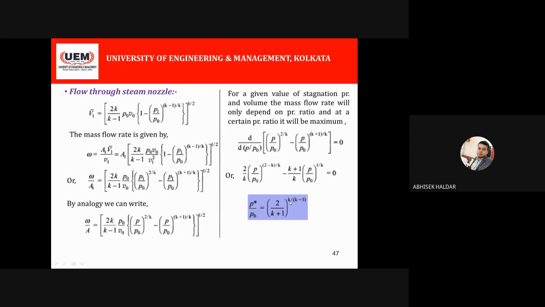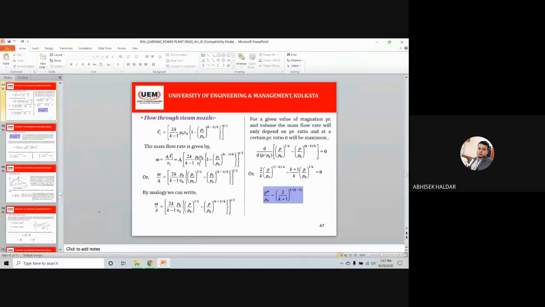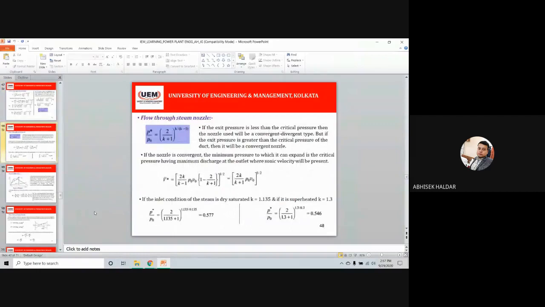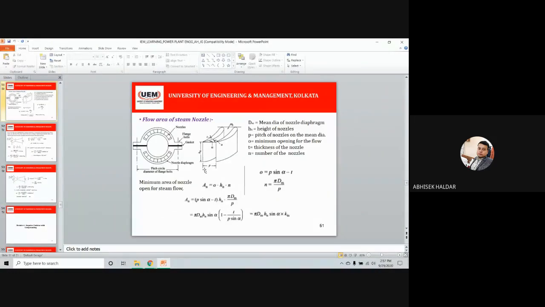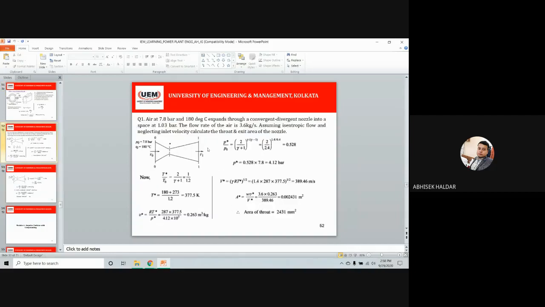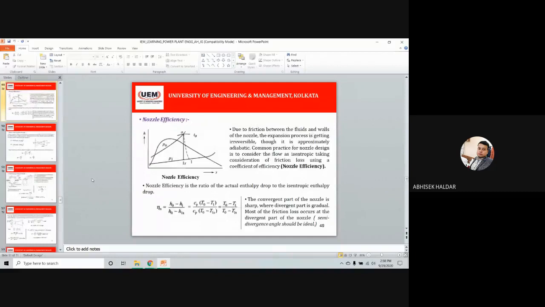In the question, this K may be N, whatever the exponent may be, but the concept will be the same. In the next class, we will finish the nozzle part, and I will show you nozzle efficiency and some nozzle area part, because this will be used for problem solving, and then we will solve one particular problem. Any doubt after this?